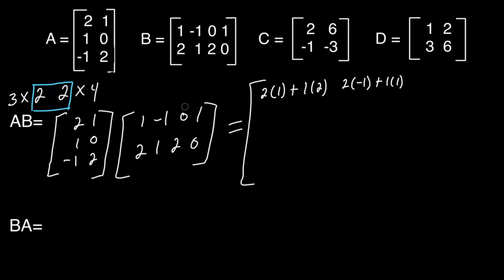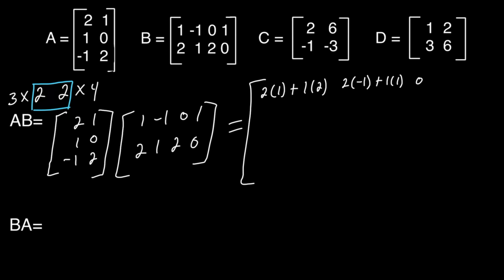Now 2 times 0 is just going to be 0. And 1 times 2 is just going to be 2. All right, last one. 2 times 1 is going to be 2. And 1 times 0 is just going to be 0.